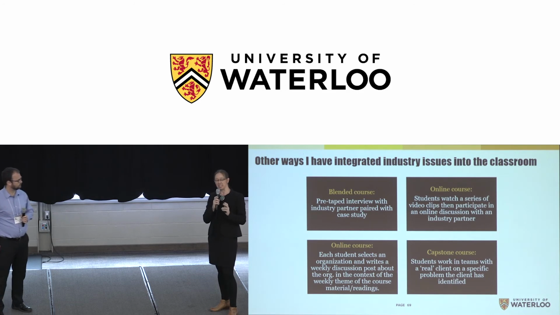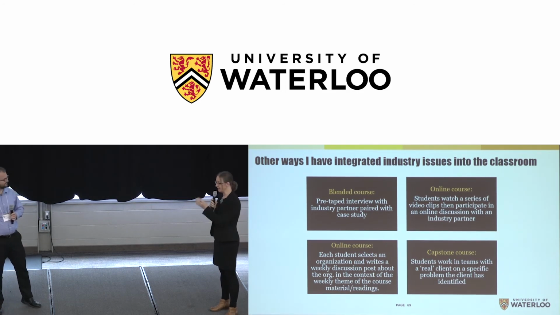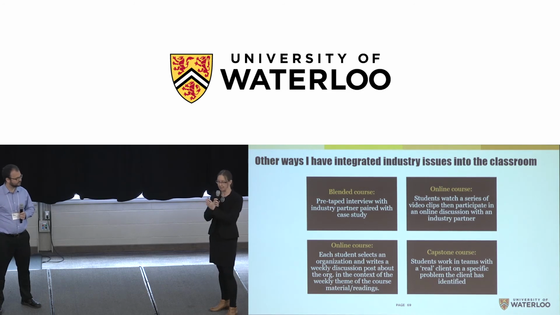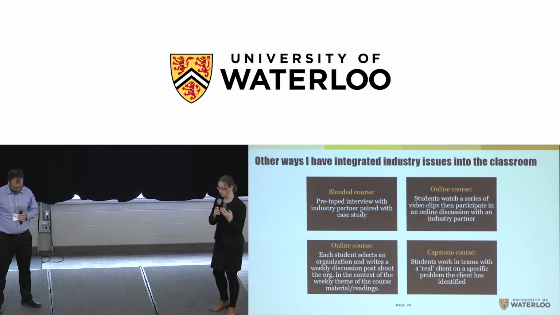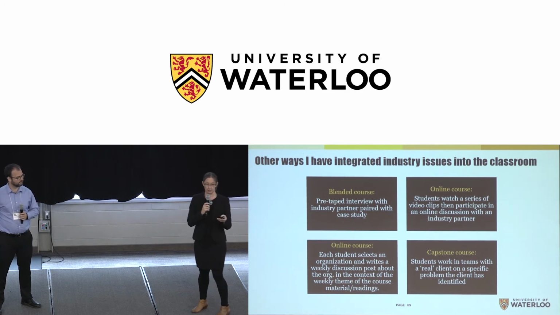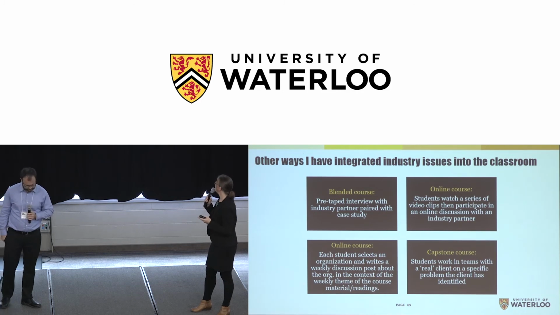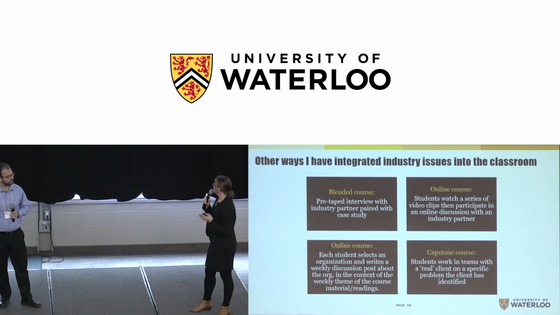It's a love-hate relationship they have with these worksheets because they have to hand them in each week, but at the end of the term, they're glad that they've done the incremental work. In that case, I have no interaction in terms of what industry partners they choose. They select their own. Sometimes it's the partner that they're actually working with, so that's handy. So that is another way that I've done it all the way through.